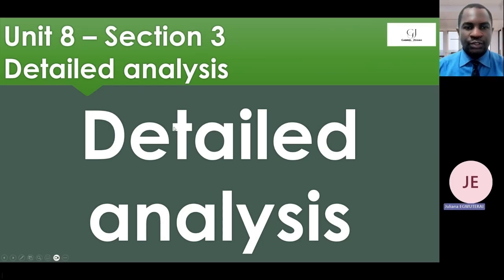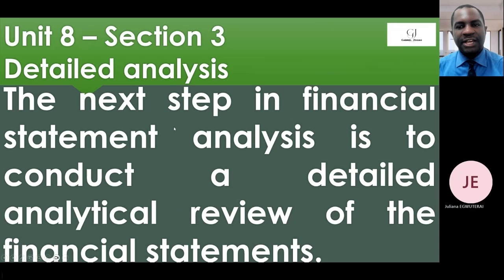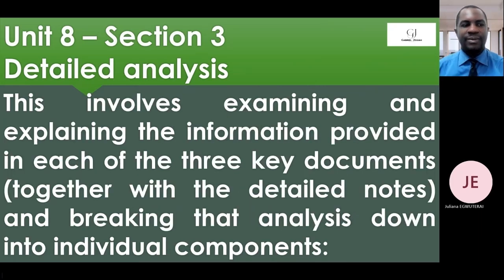All right. So detailed analysis. After initial analysis, the next step is detailed analysis, which is conducted on financial statements. After we've done our initial review, we'll now do a detailed review by examining and explaining the information provided in each of the key documents, together with the detailed notes to the accounts. So what are the key documents?